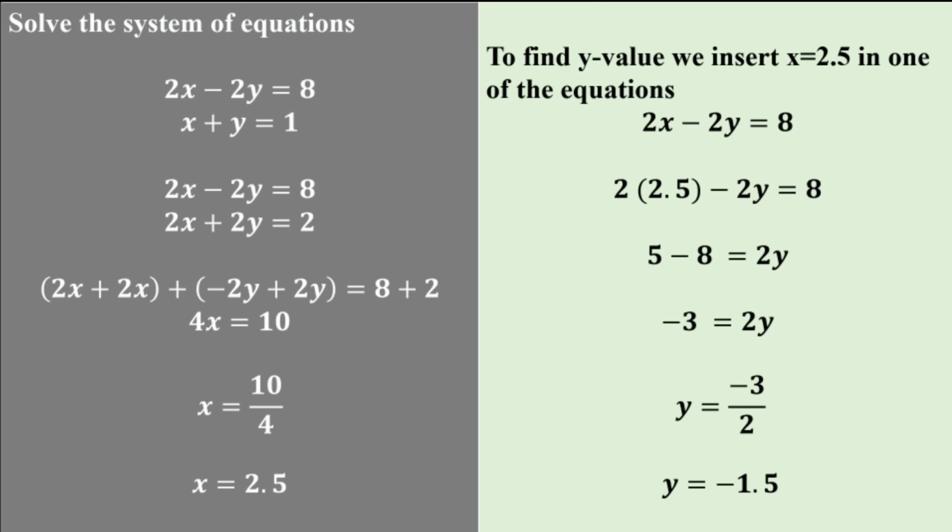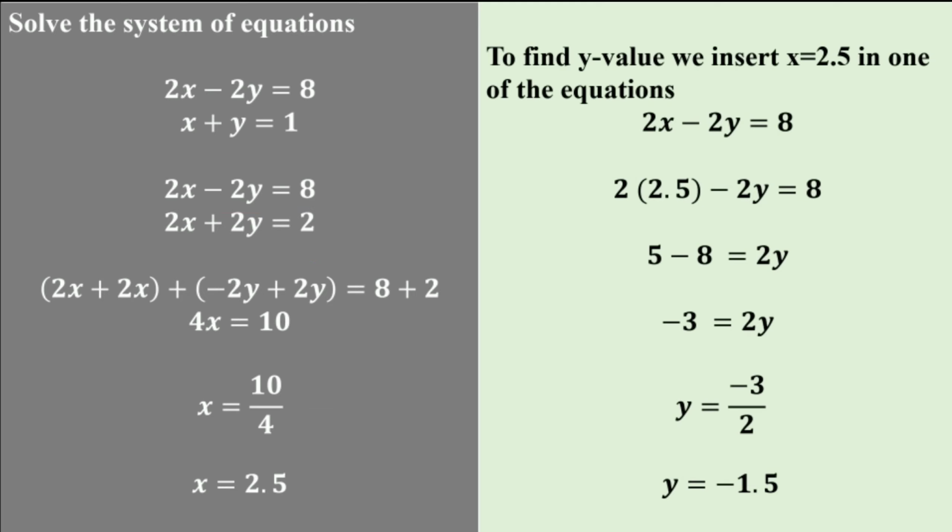Adding or subtracting the two equations will not result in either x or y being eliminated. Therefore, we must multiply the second equation by 2 on both sides, so that we get 2x plus 2y is equal to 2.